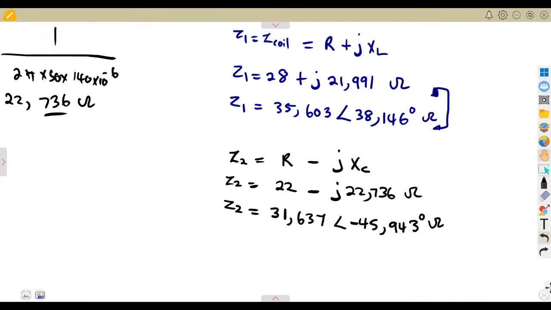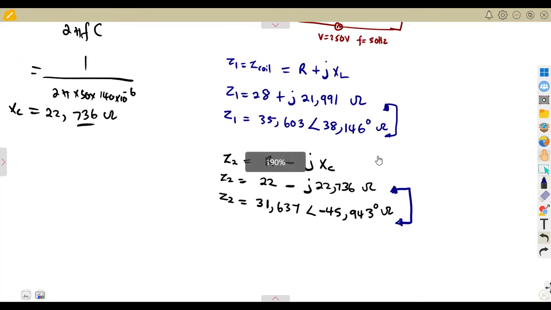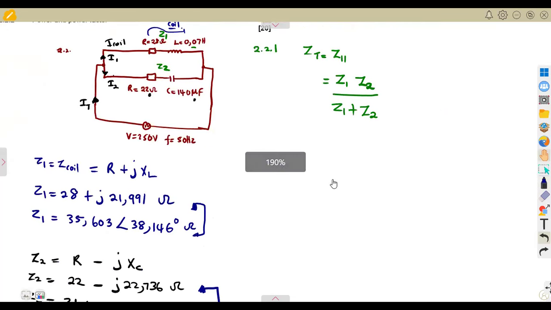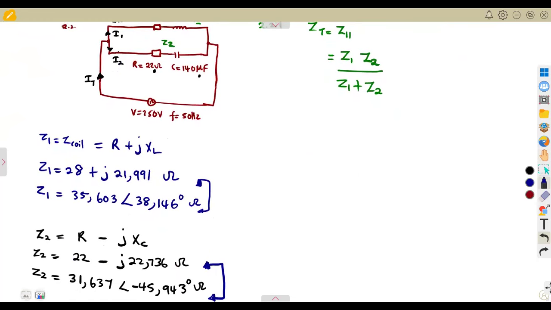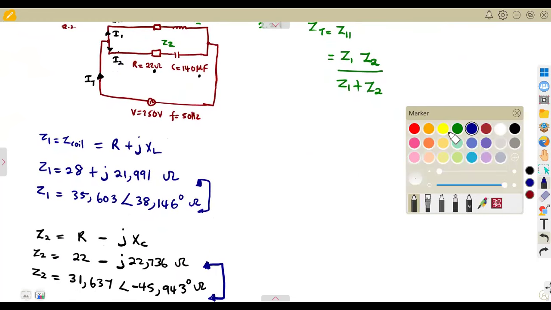So this was your Z2, which is the impedance that you are to consider in this case of the RC circuit, in both rectangular and polar form. Remember we said to find ZT, we are going to need this product over sum concept.